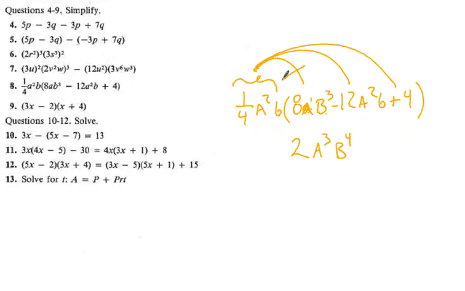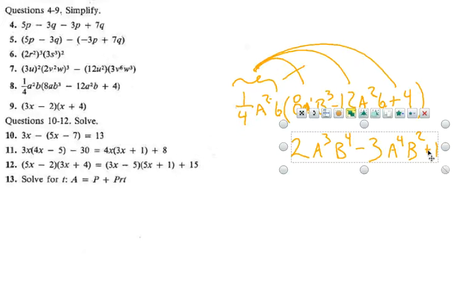I'm going to cross that rainbow out because we've already taken care of it. So now we have 1/4 times -12, which is -3. A squared times a squared b, well, a squared times a squared is a to the fourth. And I have b squared, because b times b is b squared. And now finally, 1/4 times 4 is going to be 1.